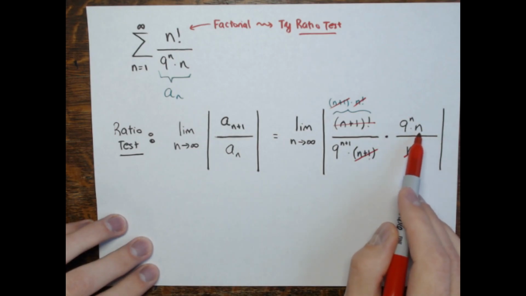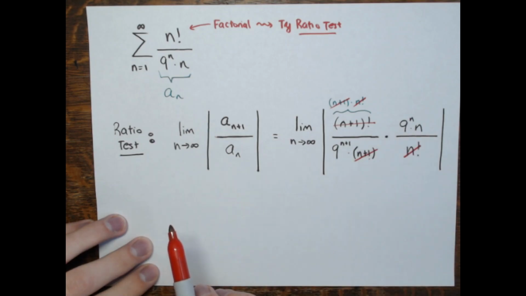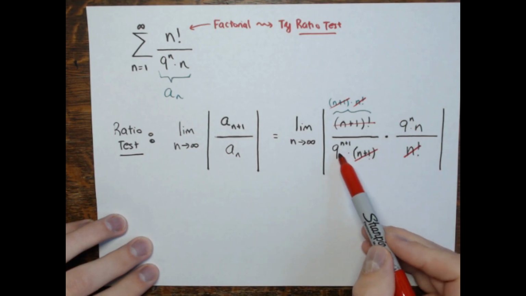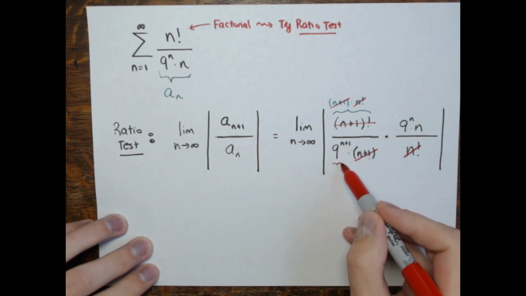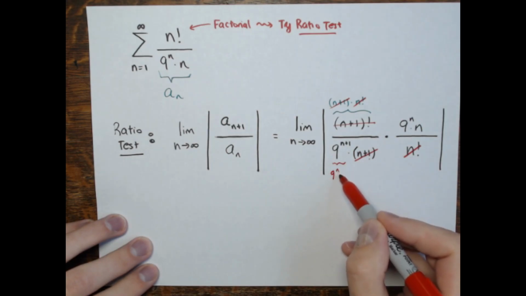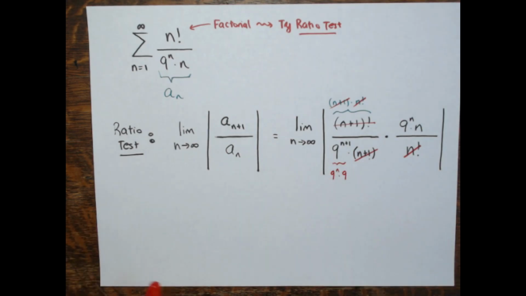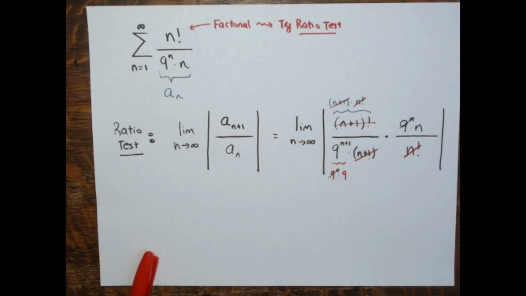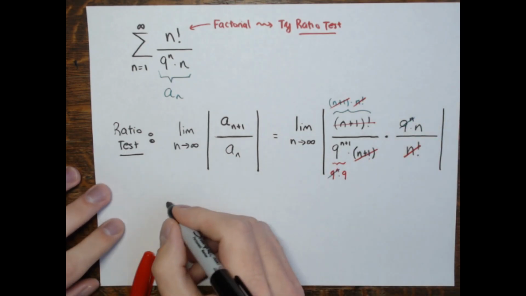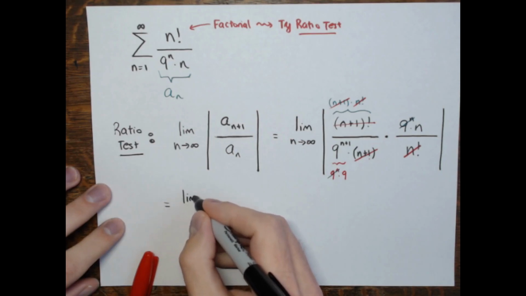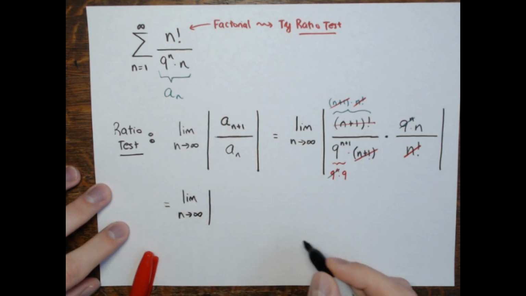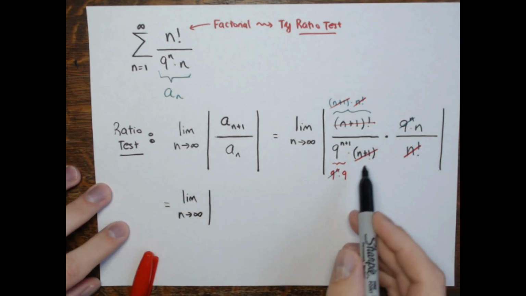I still have this n, that didn't go anywhere. And then 9 to the nth divided by 9 to the n plus 1 is the same thing as 9 to the nth times 9, so 9 to the nth will go away as well. Here's what I'm left with: the limit as n approaches infinity of the absolute value of n over 9.